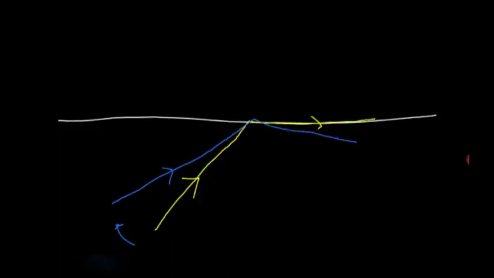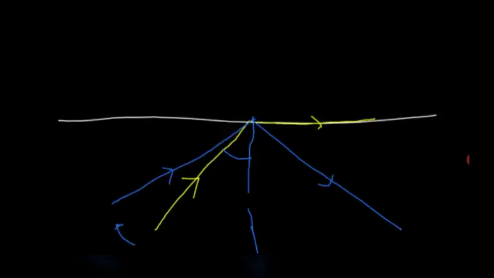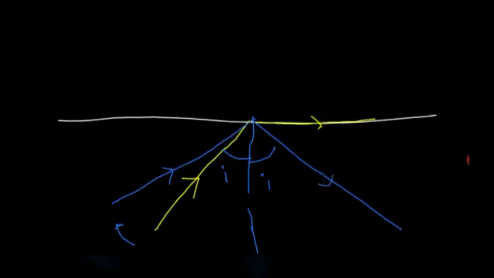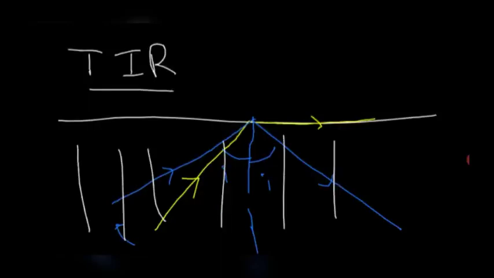No, it suddenly skips and follows the laws of reflection. It reflects like this. In refraction there is reflection. This phenomenon is known as total internal reflection, because it is all happening internally.